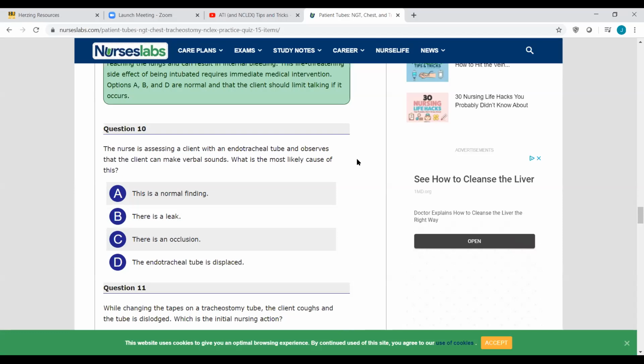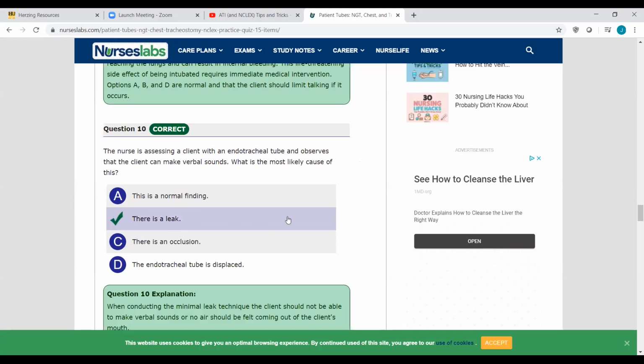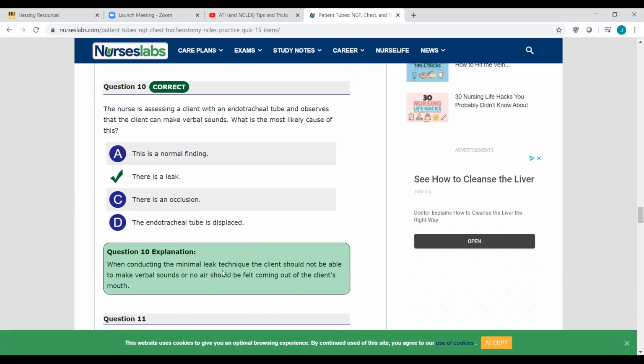What do you think? Is it B? Yeah, good job. Usually you're not supposed to hear anything when they have it in and it's in the right place and not having problems.